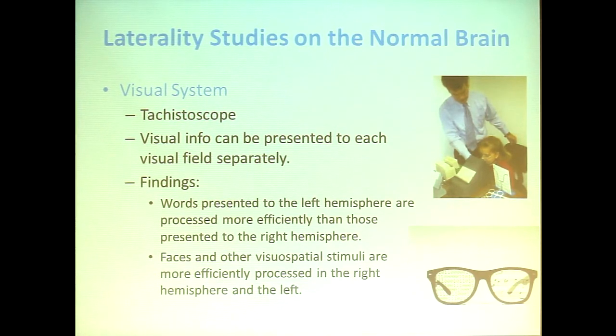And the findings from there are that words presented to the left hemisphere are processed more efficiently than those presented to the right hemisphere. So, no surprises there. Faces and other visuospatial stimuli are more efficiently processed in the right hemisphere than the left. Okay, no surprises there, which is very nice because one doesn't want too many surprises. You want to feel by now that you've got a good grasp on things.